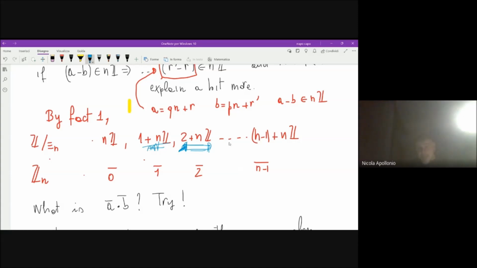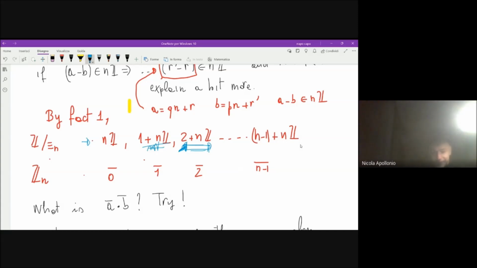Since the largest possible remainder of the division by n is n minus 1, it is clear that this representation, this set of sets, is precisely the quotient of Z by the congruence modulo n.